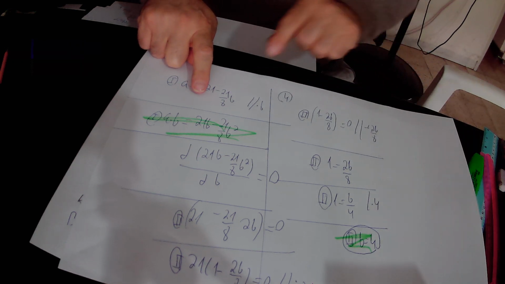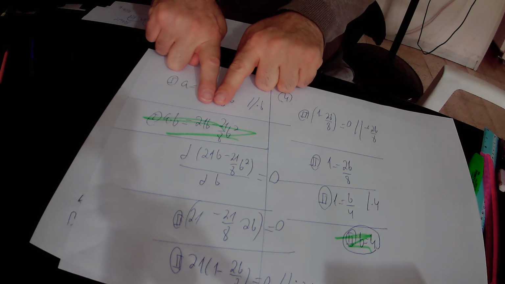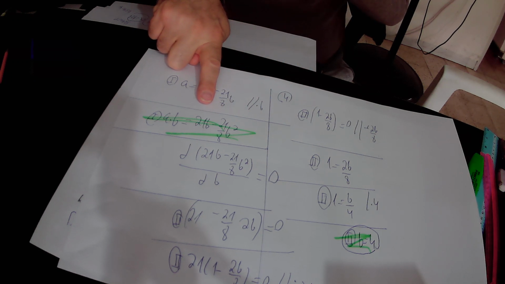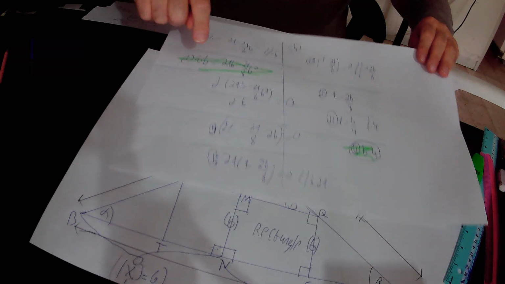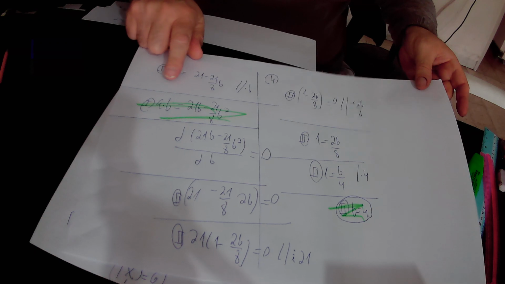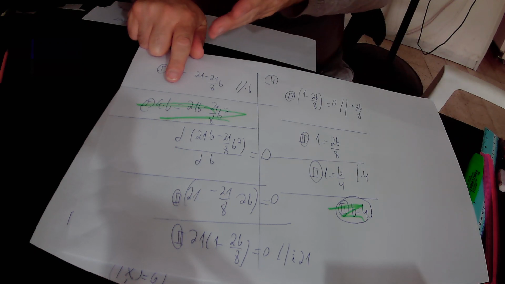And the area depends on the width B, because B is the only missing variable that we have on this side of equation 1. So B is the independent variable in this function, and the area, AB, is the dependent variable.